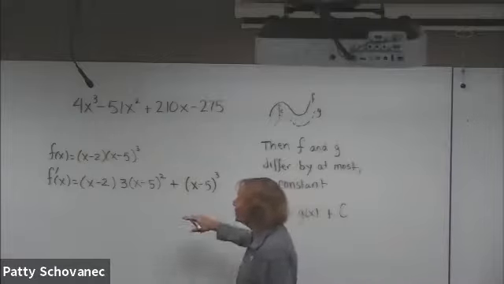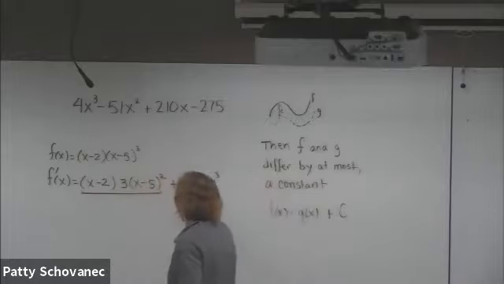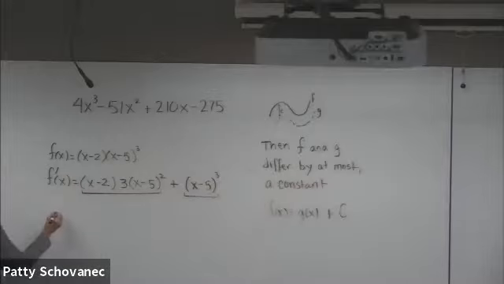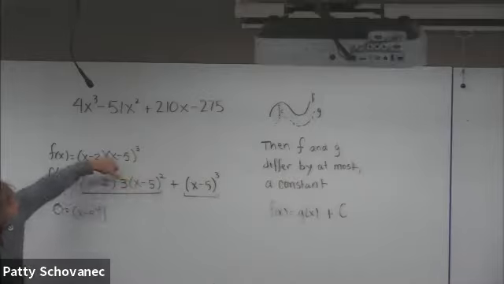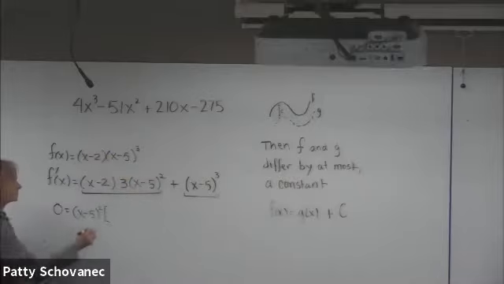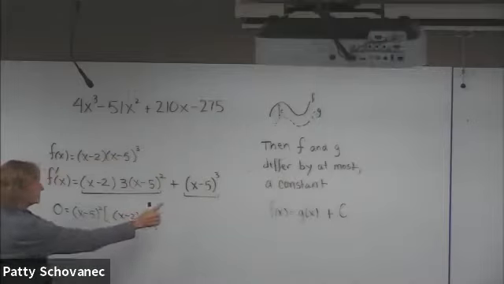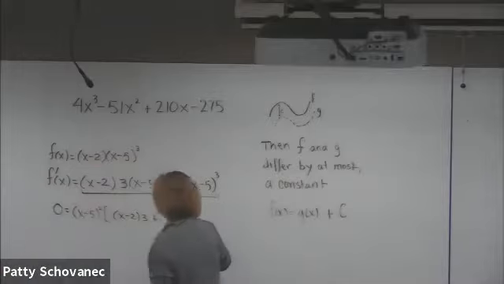So I'm going to factor from here instead of multiplying it out, because from here, I can see that these two terms have a common factor of x minus 5 squared. Put the 0 here and pull out the x minus 5 squared. That leaves me 3 times x minus 2, and if I take x minus 5 squared out of that last factor, what's left is x minus 5.